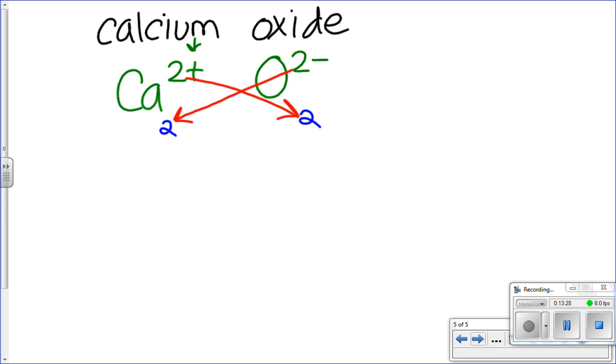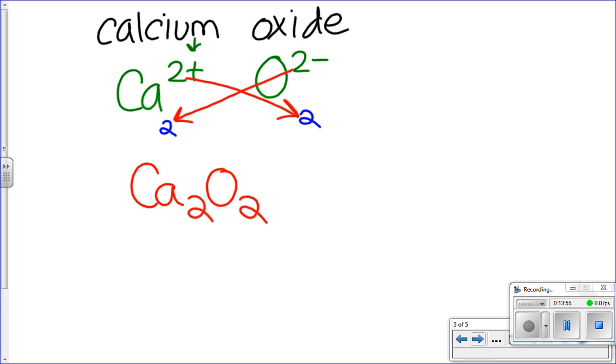Now write the positive ion without the charge. So we have calcium. Add the 2. Write the O. And then the 2. And step 8 says to reduce. Should we reduce this one?